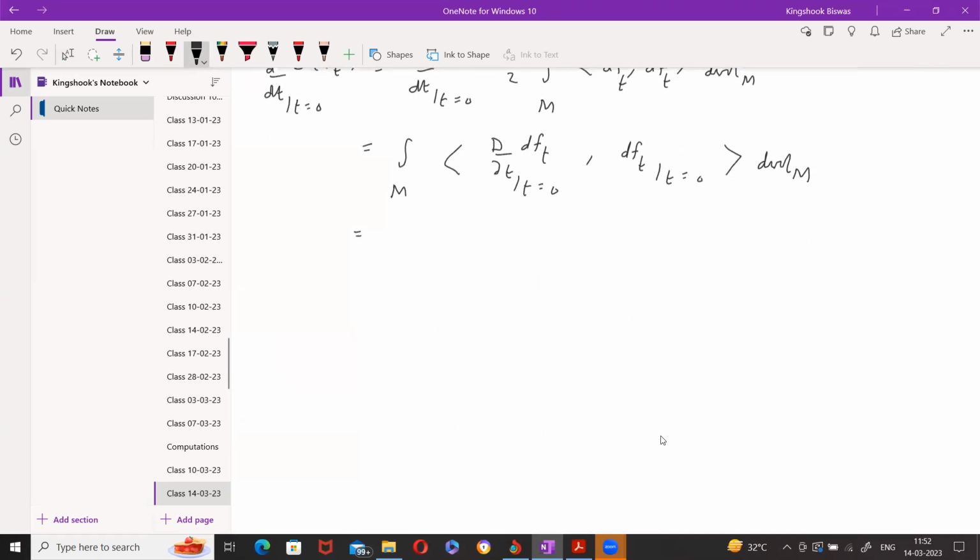This we saw was equal to nabla V. And this dFt at t equal to 0 is just dF.